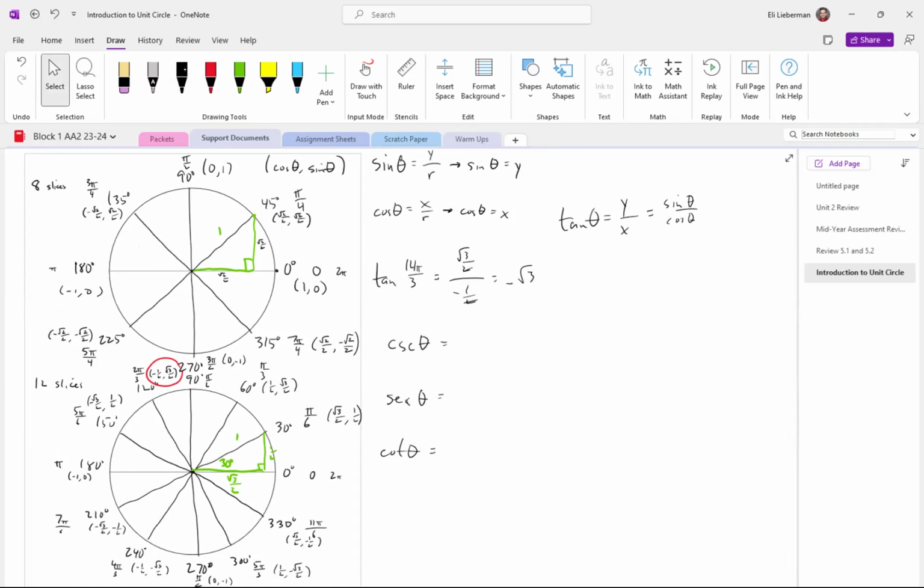Cosecant comes from sine, isn't it? Instead of y/1, it's going to be 1/y. Secant is 1/x, and cotangent is not y/x, it's x/y.